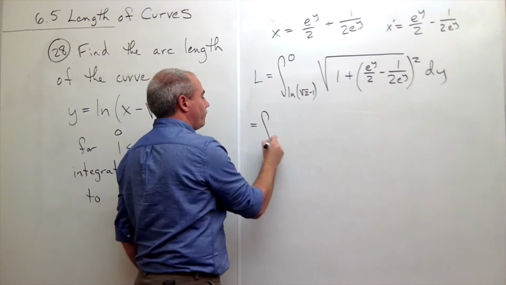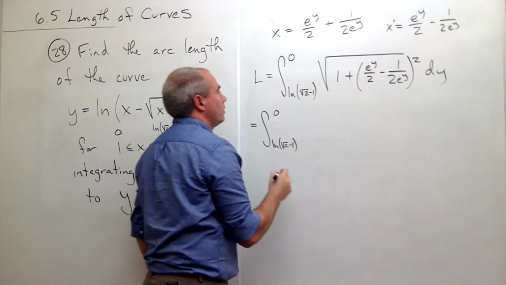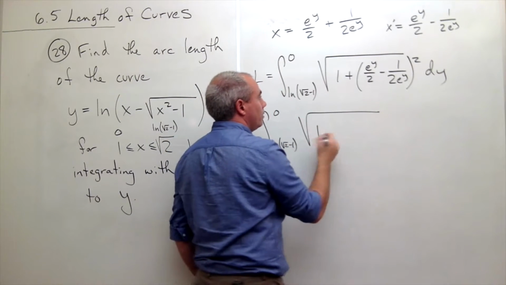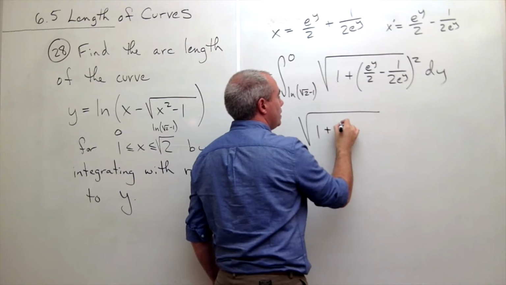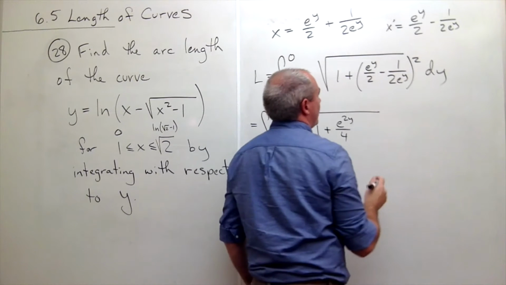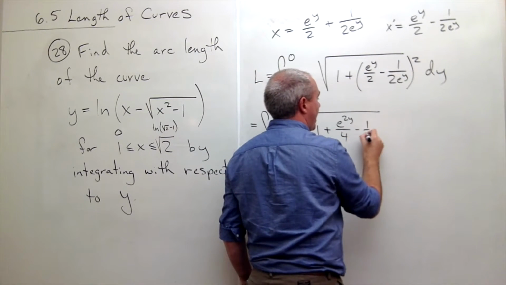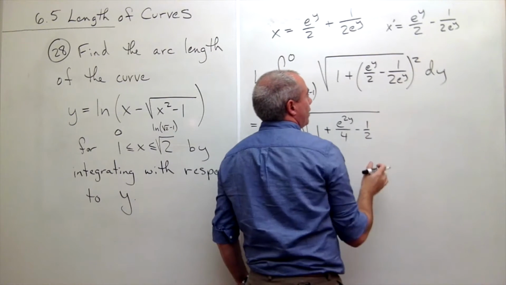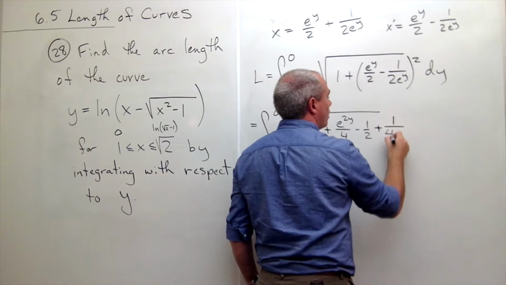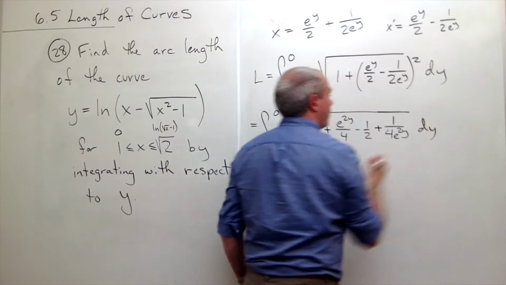So we get the integral from ln of square root 2 minus 1 to 0 of the square root of 1 plus e to the 2y over 4. Okay, 2 times this first guy, e to the y over 2, times this second guy is minus a half. Square the second guy and I get plus 1 over 4 e to the 2y, dy.